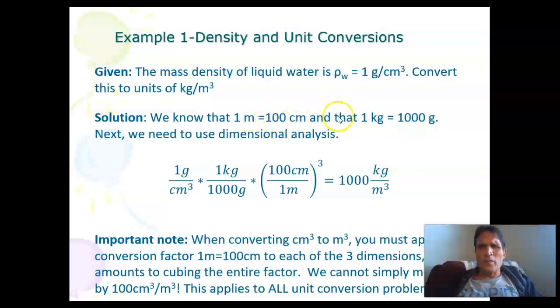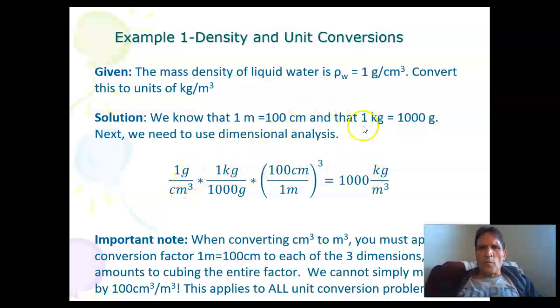Okay, so the next step is how do we string these conversion factors along to get from where we're starting, which is grams per cubic centimeter, to where we want to end, which is kilograms per meter cubed. And here's where dimensional analysis is very helpful. So we're starting with grams per centimeter cubed. We want kilograms in the numerator, and we want to get rid of grams.